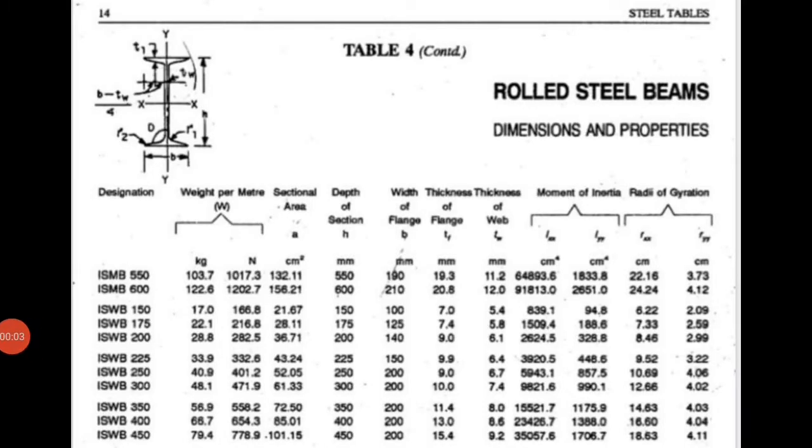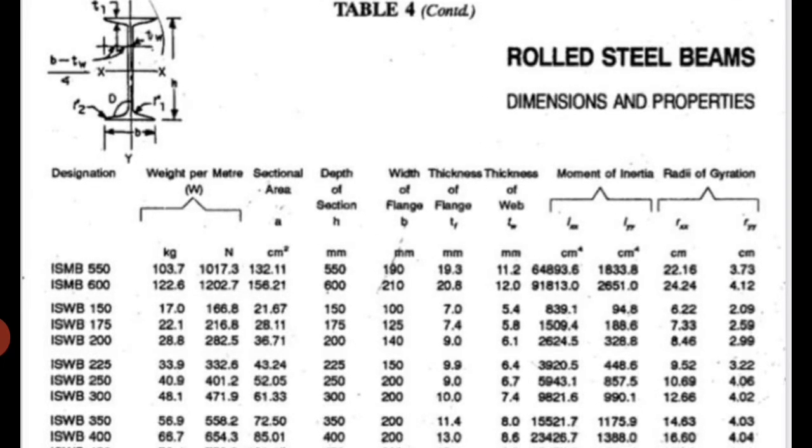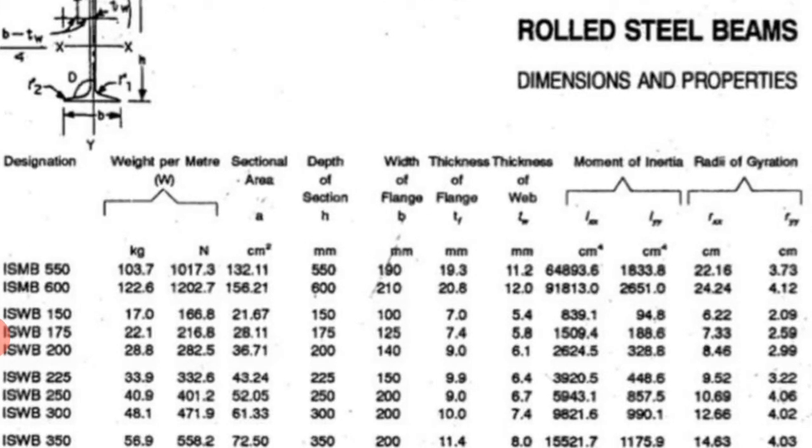Here in step second, write down sectional properties for the given section ISHB 400 by using steel table page number 14. See this steel table. We need some factors like H, BF, width of flange, thickness of flange and thickness of web.